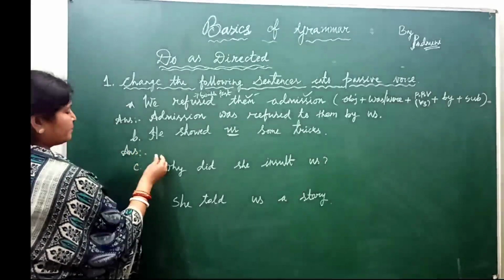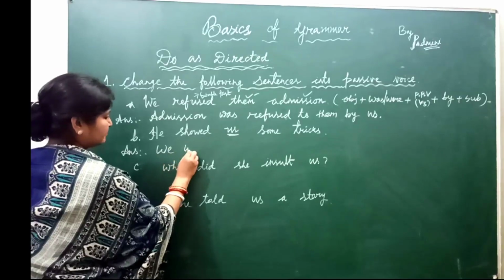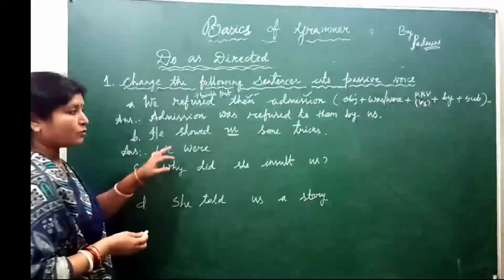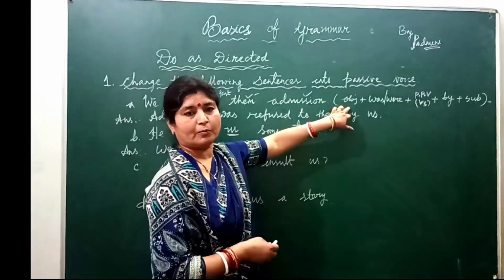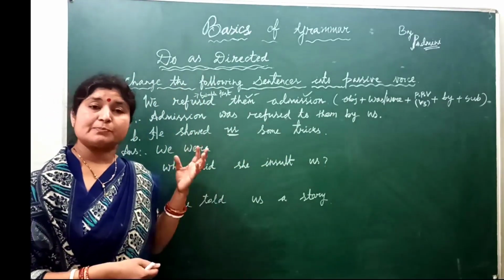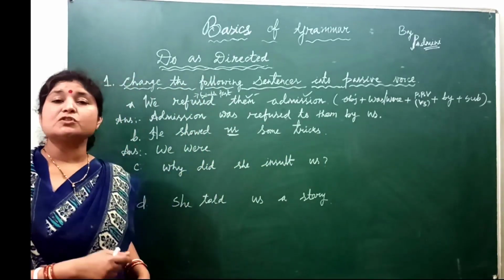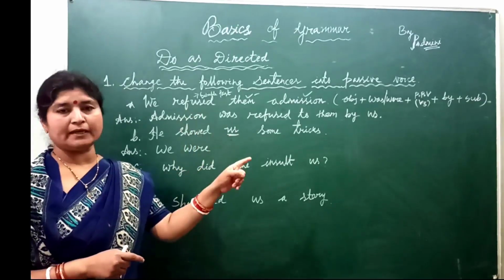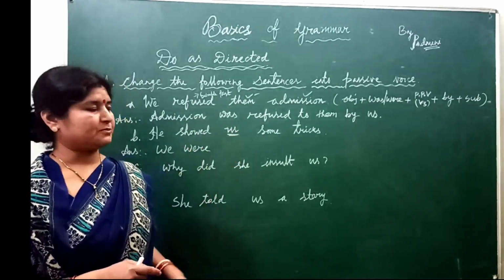So answer is, we were. The same rule we have to follow. Object plus was or were plus past participle of the verb, which is also known as the verb 3 plus by plus subject.